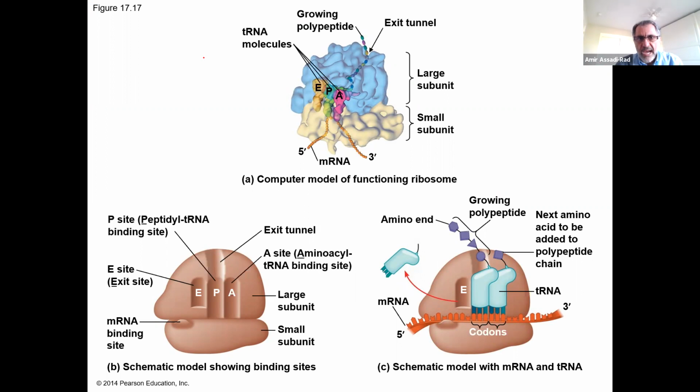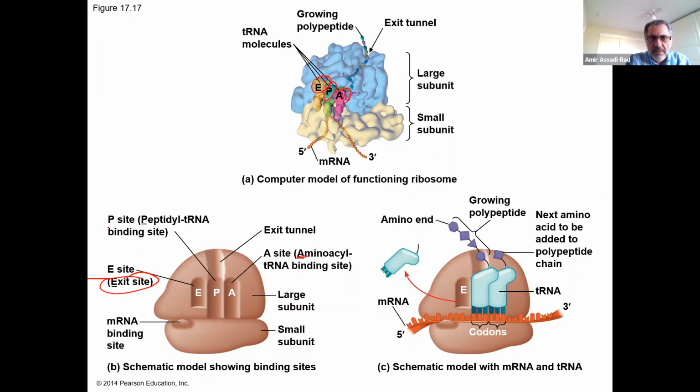So the three spots in ribosomes: E, P, A. E is for exit. P is for placement, I don't know, they didn't mention it in here. And A is for amino acid, they are saying.